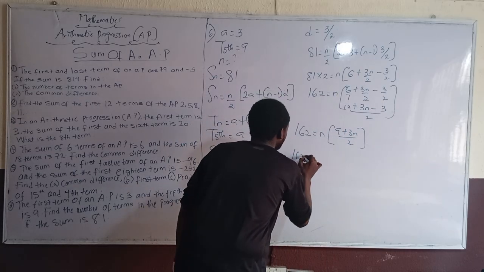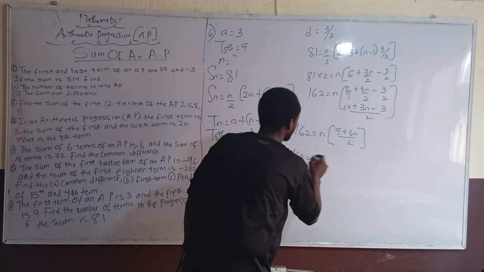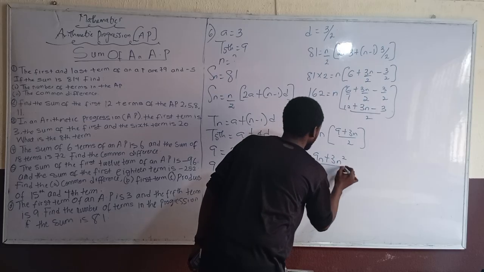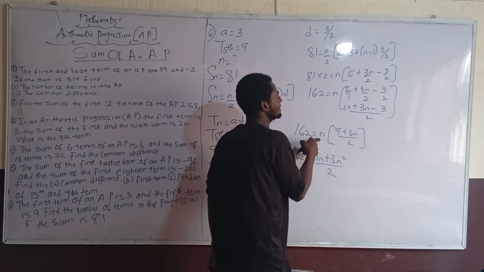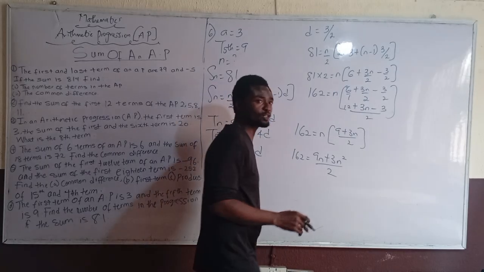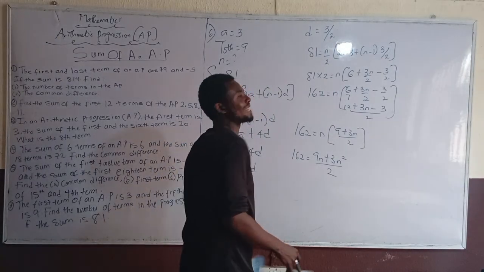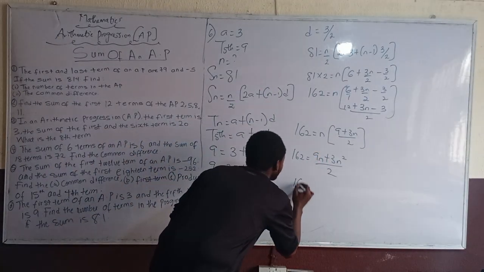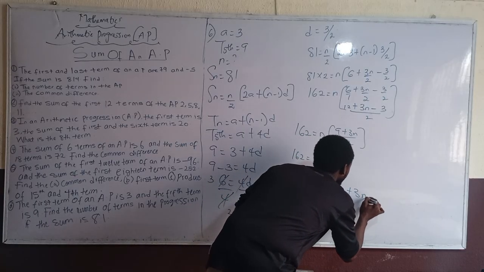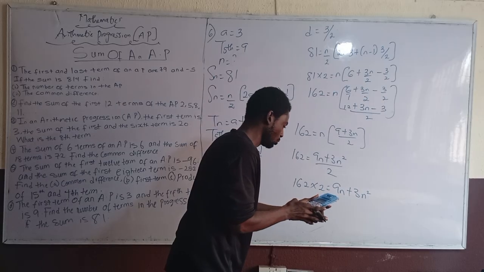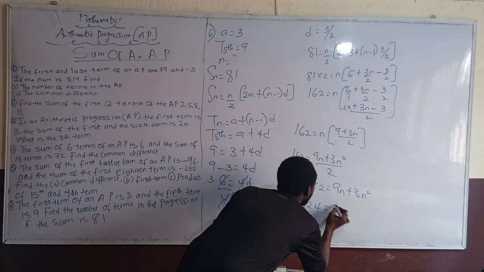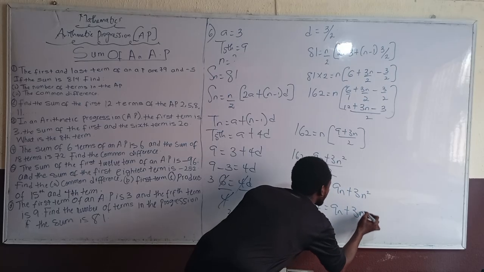So this is 162 equals n times, open the bracket, 9 plus 3n over 2. N times 9, 9n. N times 3n, 3n squared divided by 2. Then when I cross multiply, it becomes 162 times 2 equals 9n plus 3n squared. 162 multiplied by 2, that is 324 equals 9n plus 3n squared.